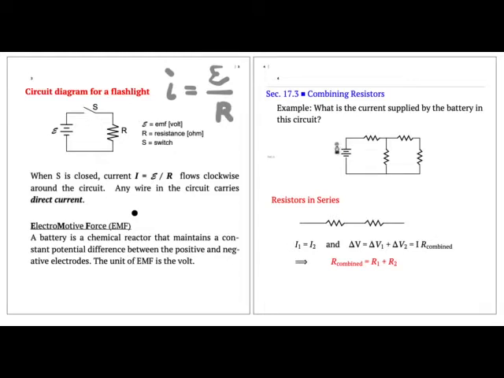There'll be a current from the battery flowing away from the positive terminal, and the same amount of current flowing into the negative terminal. We could call that I. That's the current supplied by the battery.